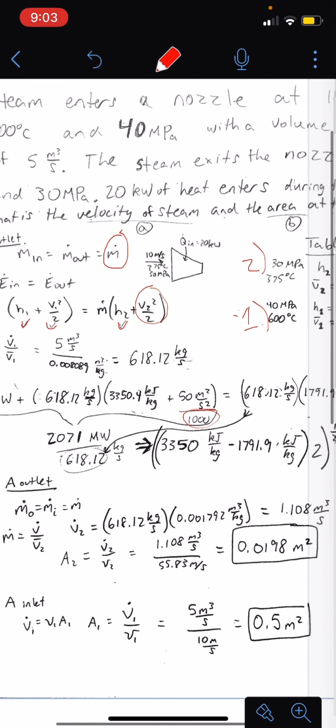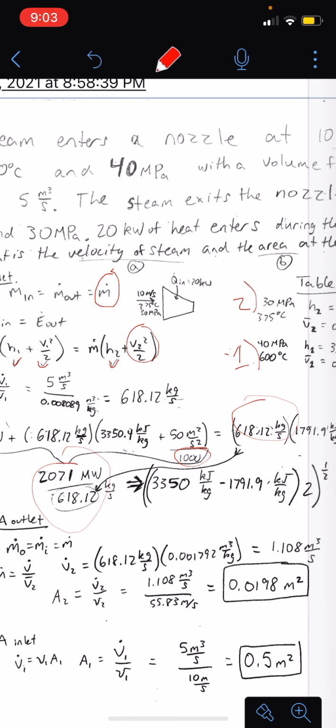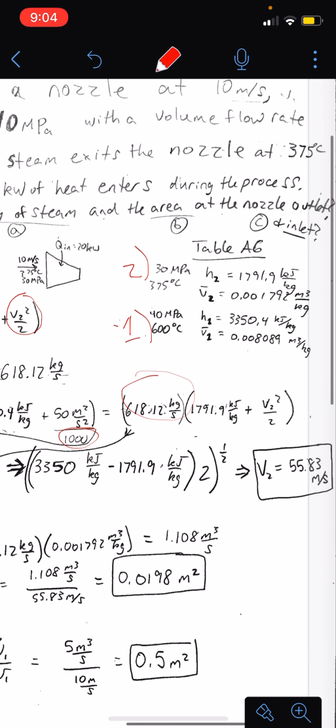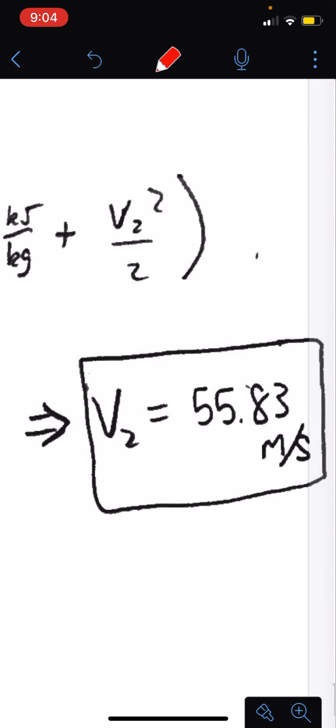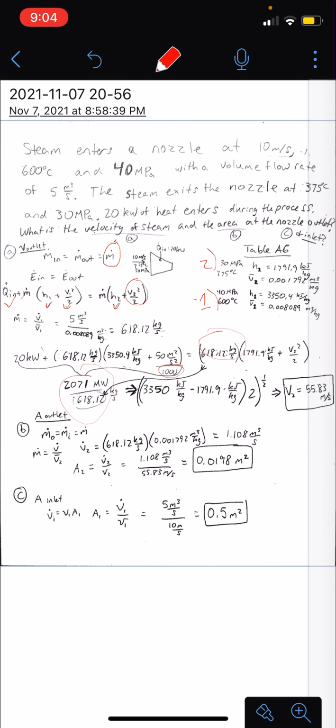I divided that by 618, and that gave me this. Then I subtracted 1791.9 from the right over to the left, multiplied it by 2, and took the square root of it. So V2 yields 55.83 meters per second. That's the velocity of steam at the outlet.